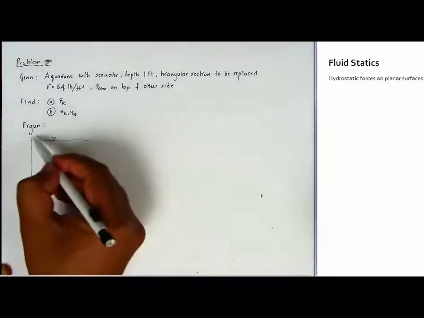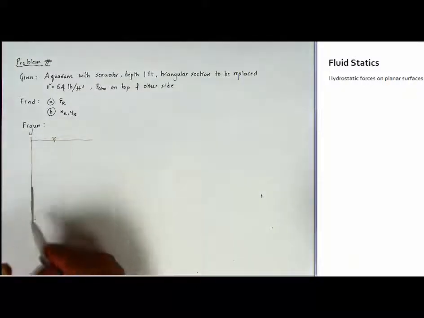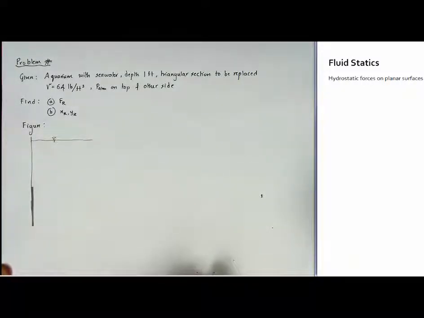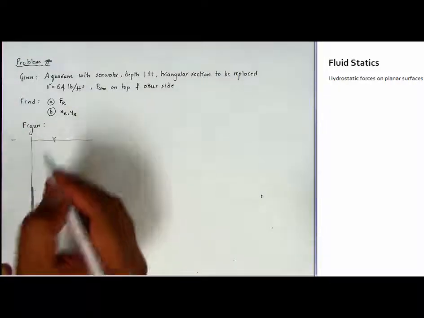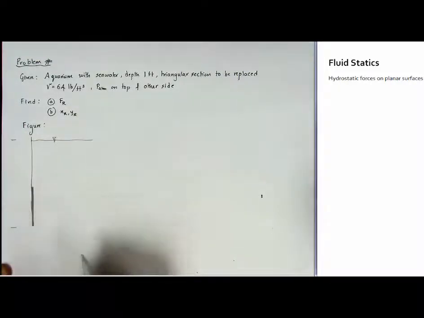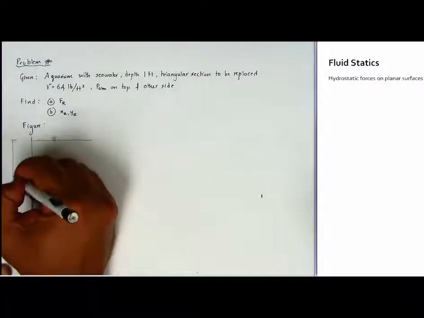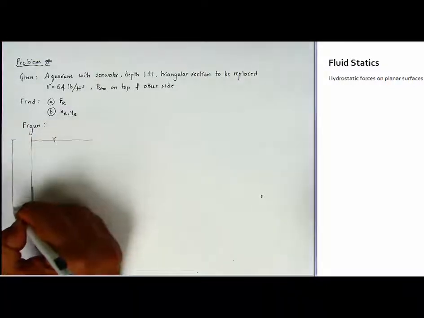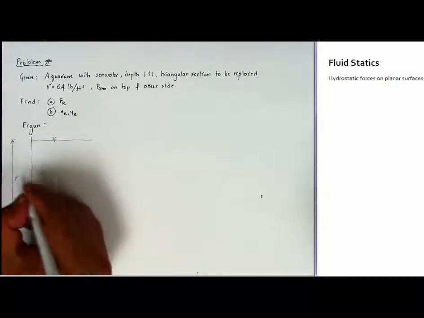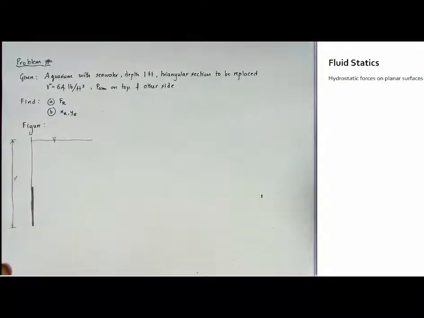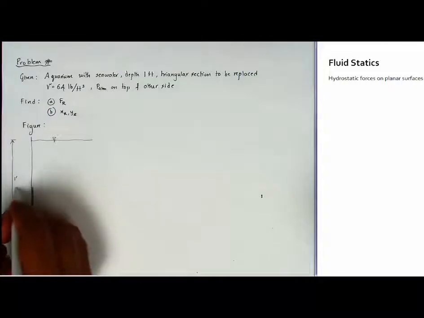I don't care about the forces on this part of the tank, it's just the triangular portion. The distance from the top to the bottom is 1 feet. This height here is 0.3 feet.